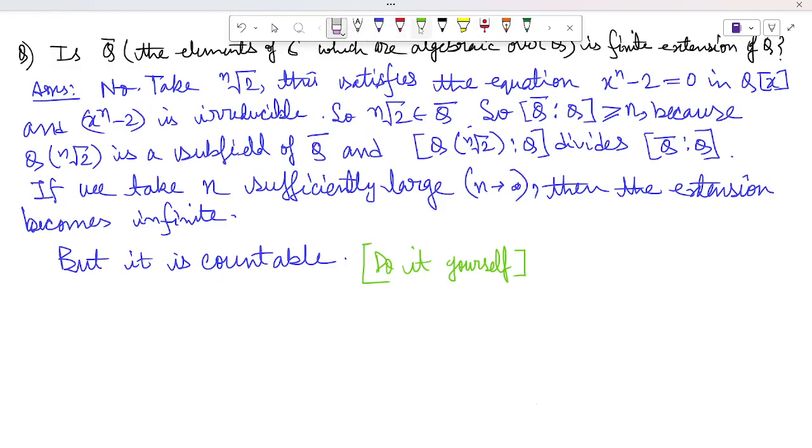Next thing is the last theorem of the video, which says that an algebraic extension over algebraic is algebraic.